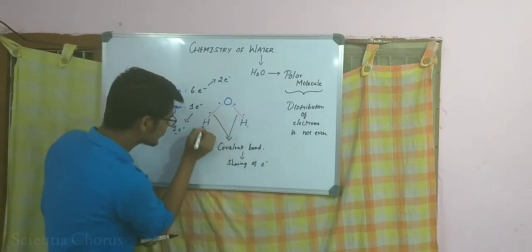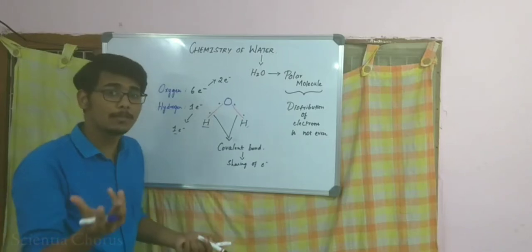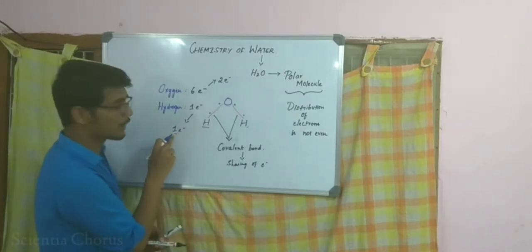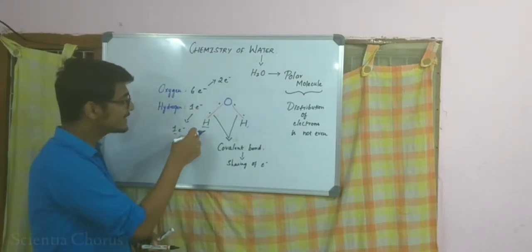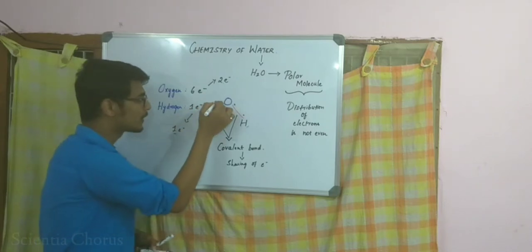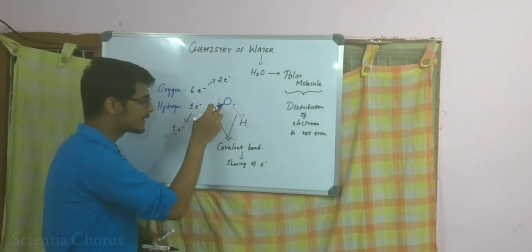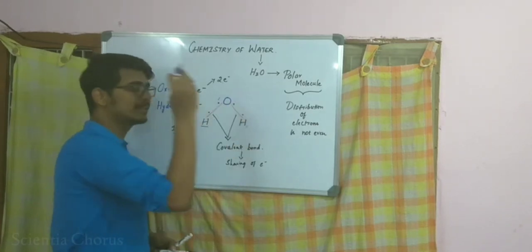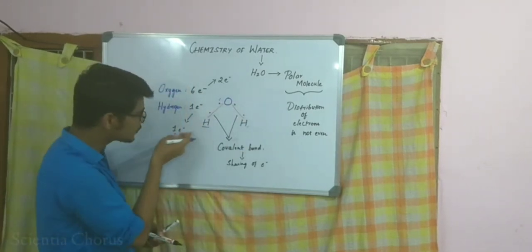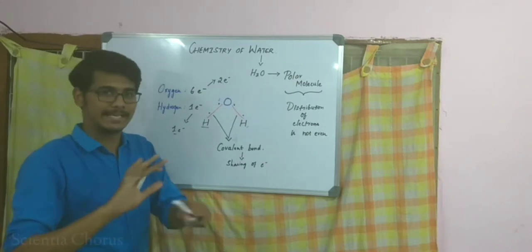In this case also, how many electrons does hydrogen need? It needs 1 electron. So it shares the electron from oxygen. This hydrogen shares this electron and the other hydrogen shares this electron, so that hydrogen's stability is also gained.